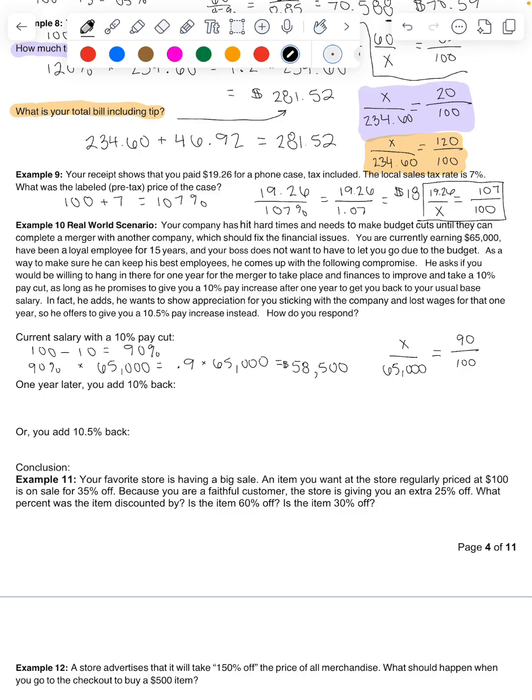But we're adding 10% of the new salary. So we're going to end up with 100 plus 10, which is 110% of the 58,500.